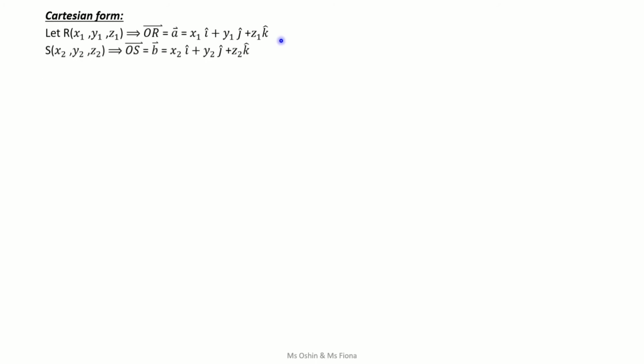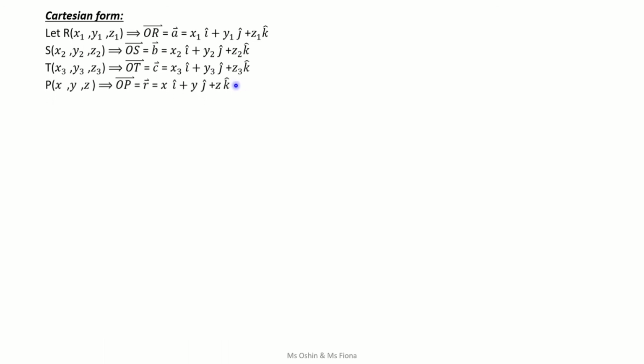Let's take S as x2, y2, z2. So we have the position vector, vector B, like this. Let's take T as x3, y3, z3, and hence we have the position vector of T given by vector C is equal to x3 i cap plus y3 j cap plus z3 k cap.